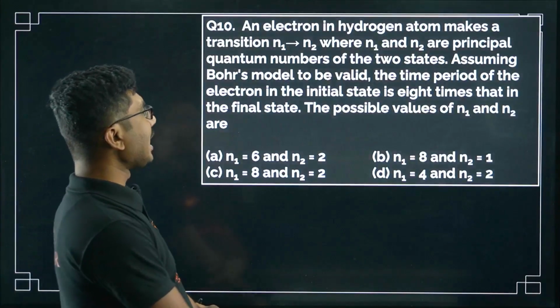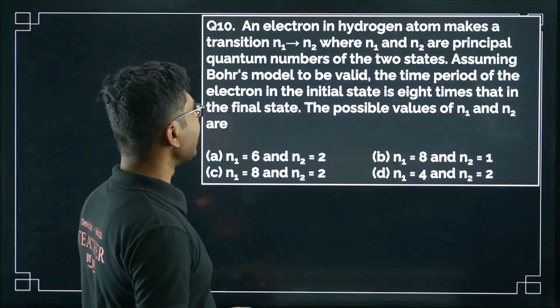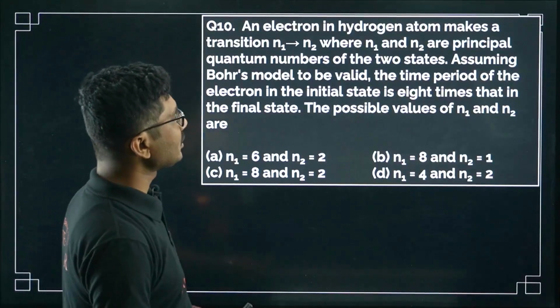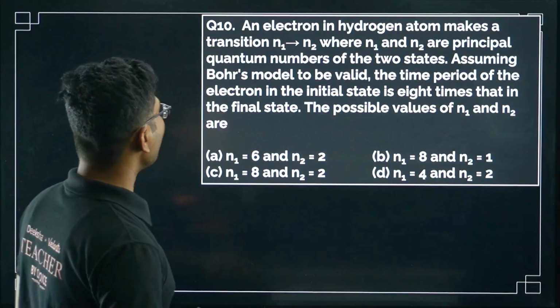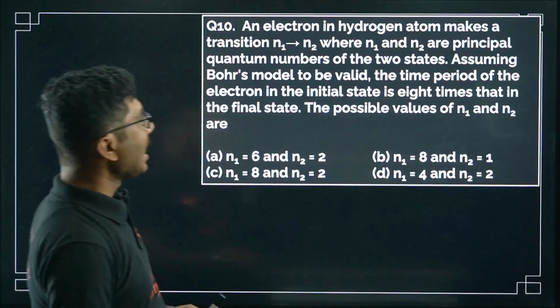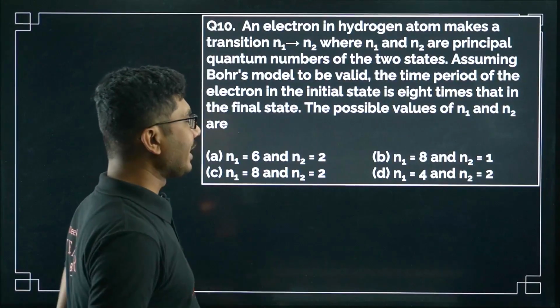An electron in a hydrogen atom makes a transition from n1 to n2, where n1 and n2 are principal quantum numbers of the two states. Assuming Bohr's model to be valid, the time period of the electron in the initial state is 8 times that in the final state. What are the possible values of n1 and n2?